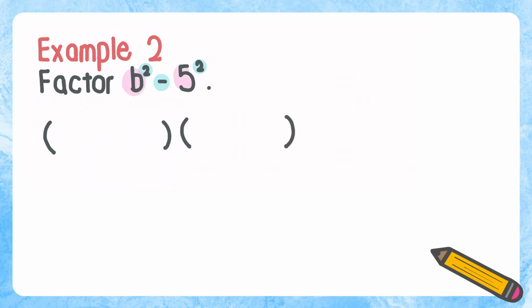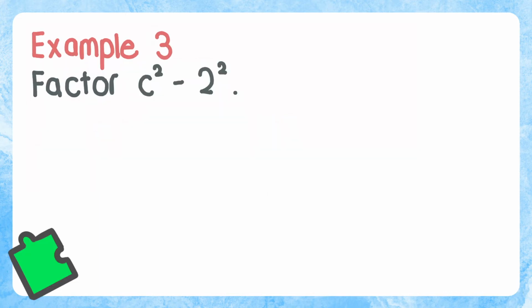And then the bases, we have the b and the 5. So I'm going to write it in here. And so we have b plus 5 times b minus 5. So again, we used the dots method to factor this polynomial. So go ahead and try this one on Edpuzzle. Factor c squared minus 2 squared.